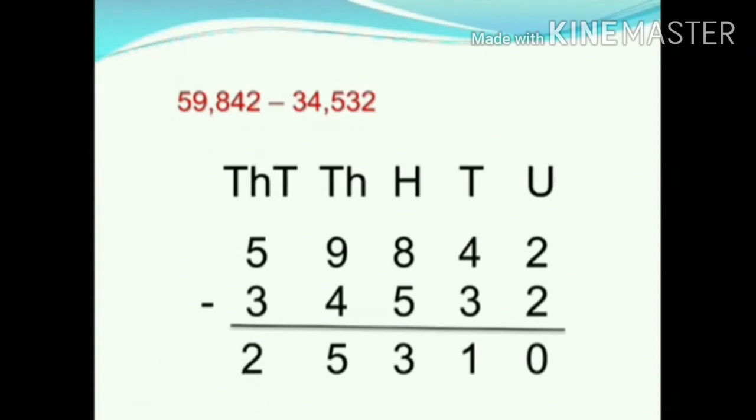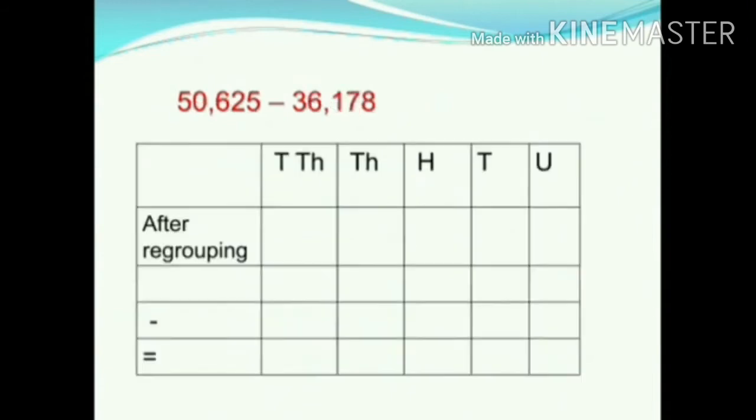So write 2 in 10,000s place. The difference between 59,842 and 34,532 is 25,310. Now we will learn subtraction of 5-digit numbers with regrouping or borrowing.